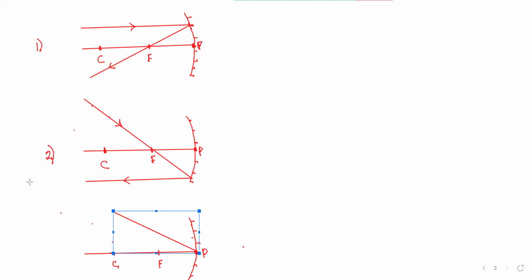Let me reduce that angle because of the space below. Once the ray is hitting the pole, it must reflect at that same symmetry.